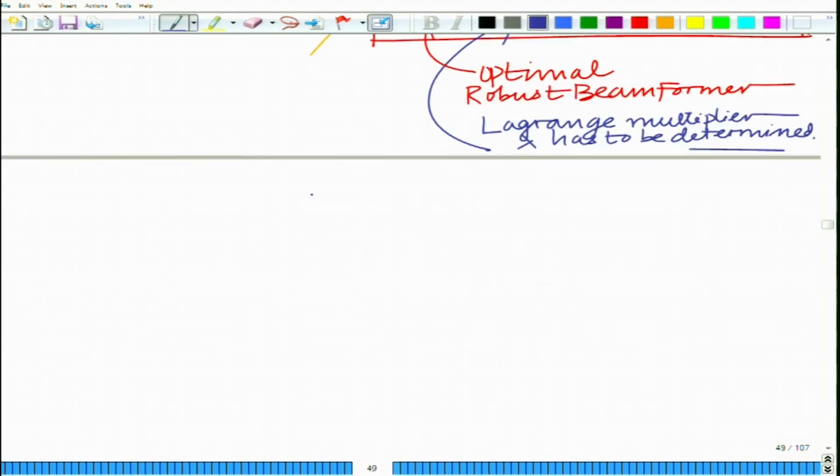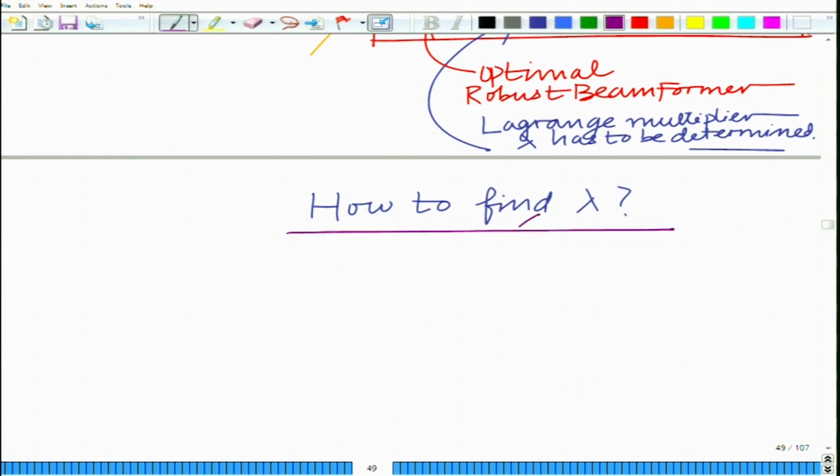Okay. How to find the Lagrange multiplier lambda? For that, we use the constraint.